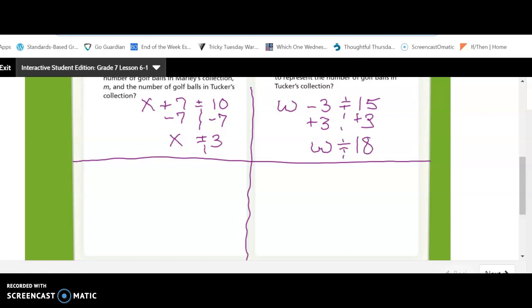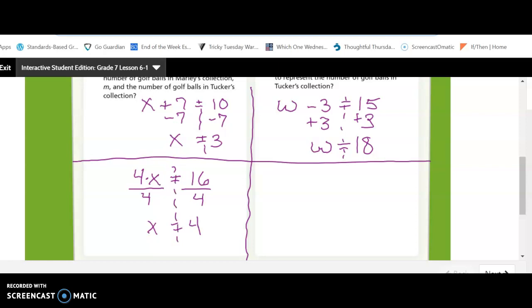And then we also looked at the last 2 functions that we know and are related by inverse operations. When we have a multiplication problem, the opposite of multiplying is to divide. So 4 times x, the opposite of times 4 is to divide by 4. And x equals 4, remembering that whatever we do on the left, we have to do on the right.